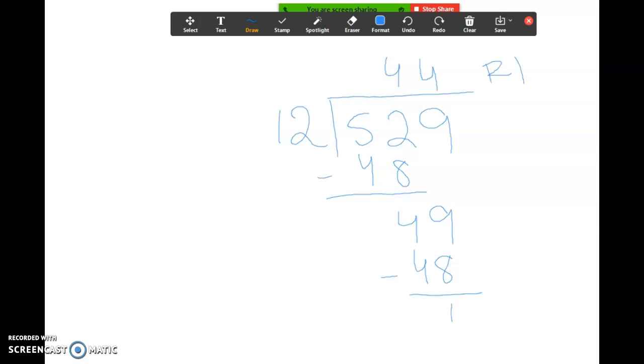Cool, Cora. And if you were to check this, how would you do it? Probably a 4. Well, your self-assessment for sure. Okay, so you would think you're right around 4 range. What if you were to check your answer though? What would you say? Oh, okay. Well, you would have to multiply 44 by 12, and then to the answer you would add the remainder.